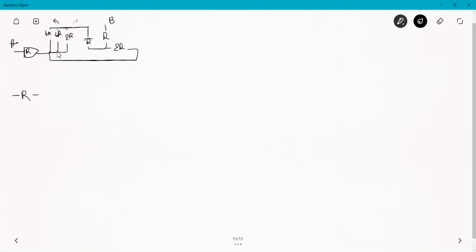Then this point and this point are in fact the same node. There is nothing between these two, so I can fuse them. Same here for these two. So you get 4R here, 4R here, and 2R here. These 2 points, these 3 points, you can fuse them like this. Then you end up with 1R here.